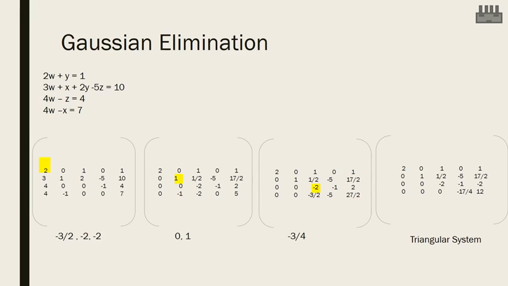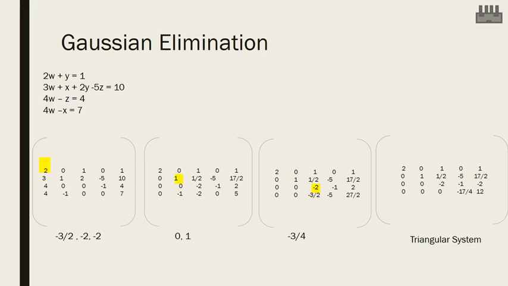Basically, 2 stands for the coefficient of w, 0 stands for the coefficient of x, y's coefficient is 1, which is here, z's coefficient is 0, which is also recorded, and the final value that we have was 1. Everything we write in this notation, right? So the entire system of linear equations is captured in the form of a matrix.